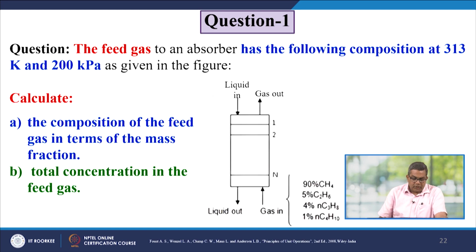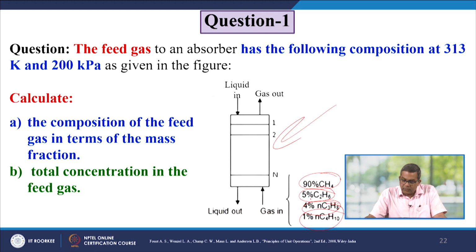Now, let us take up one question. The feed to an absorber has the following composition at 313 Kelvin and 200 kilopascal, as per the given figure: 90% methane, 5% C2H6, 4% nC3H8 and 1% nC4H10.